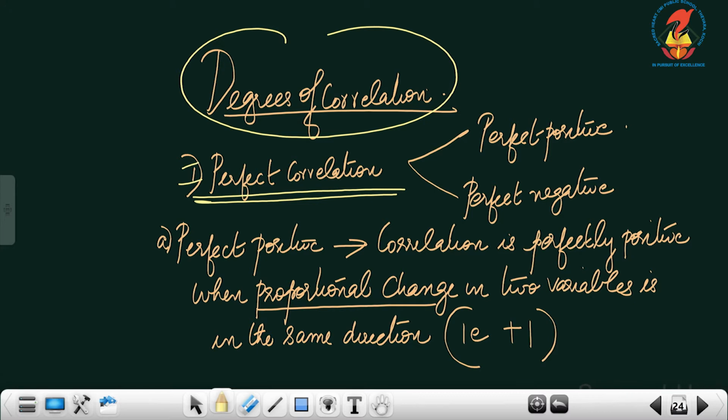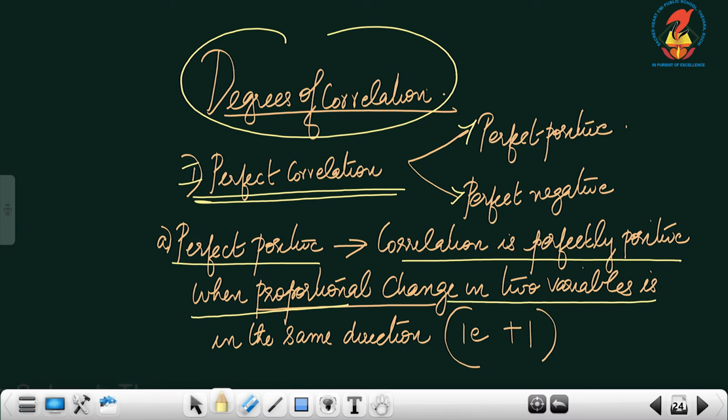Perfect correlation. In perfect correlation, we have perfect positive correlation and perfect negative correlation. In a perfect positive correlation, correlation is perfectly positive when the proportional change in the two variables is in the same direction.